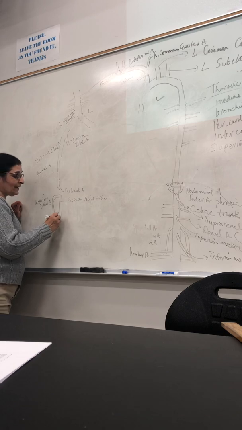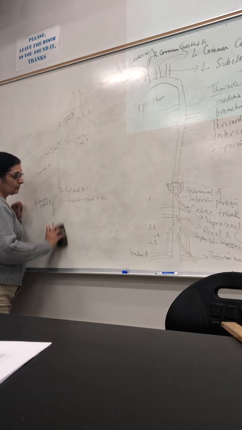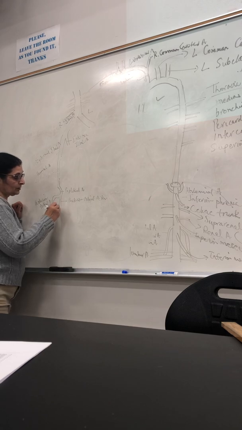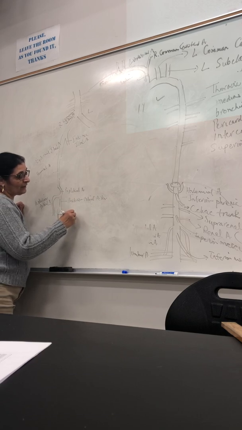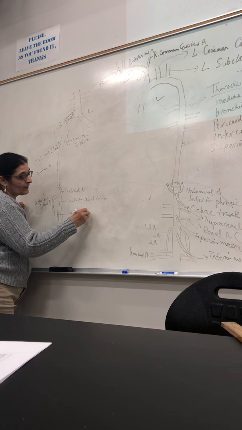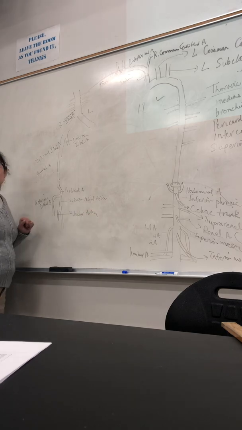From the posterior tibial artery, you have a branch, and this branch is known as the fibular artery.